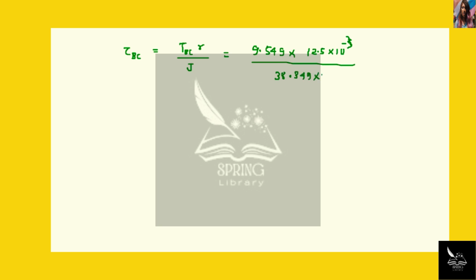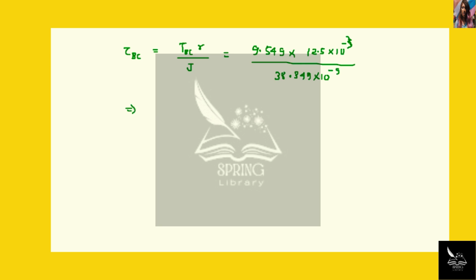Let us now calculate the maximum shear stress in the shaft BC. So tau BC is equal to the torque in section BC multiplied by the radius divided by the polar moment of inertia. So the torque in section BC is 9.549, which we have already calculated, multiplied by the radius, 12.5 mm. Let's convert it into meter by multiplying with 10 to the power of minus 3, divided by the polar moment of inertia, 38.349 multiplied with 10 to the power of minus 9 meter to the power of 4.